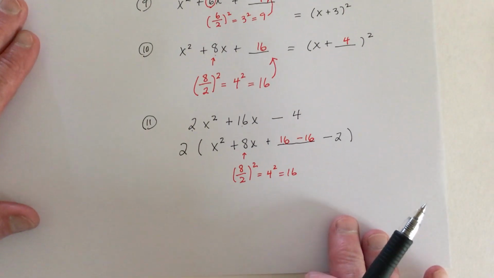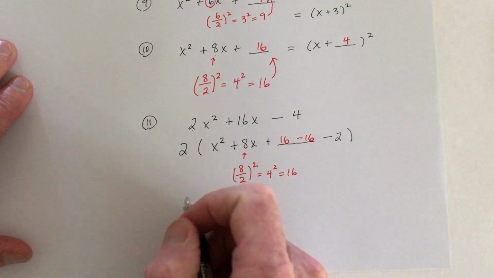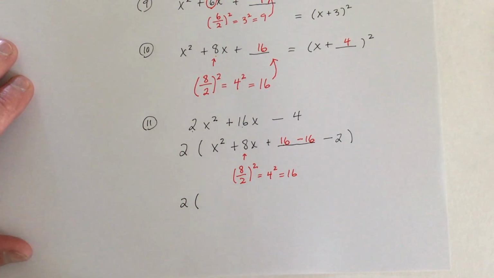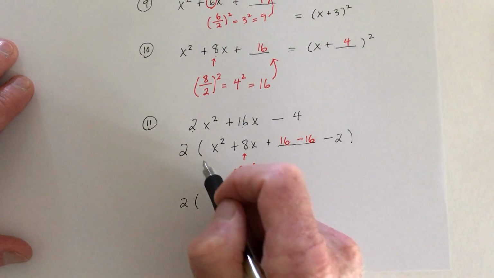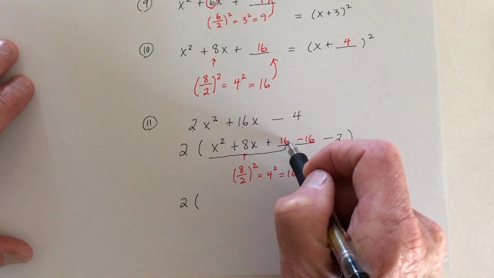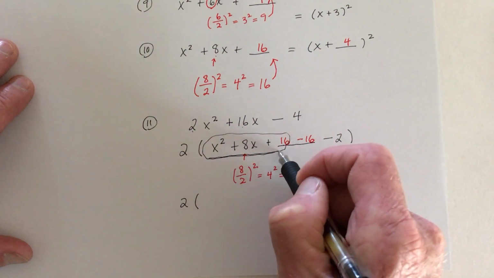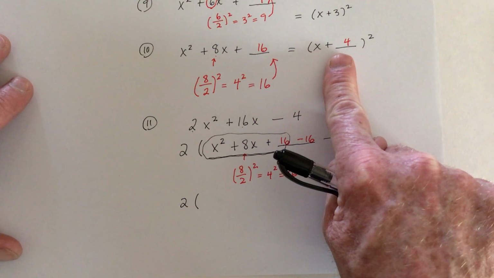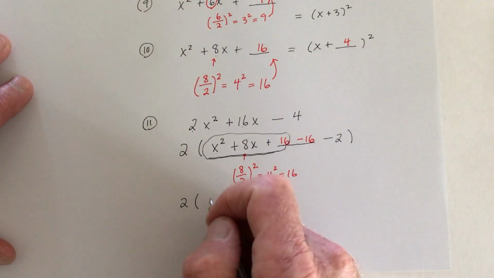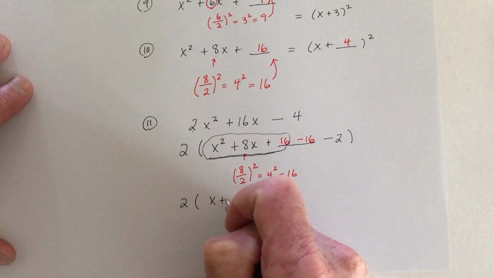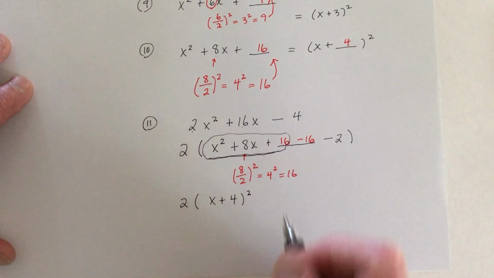Next, we just need to factor. So this 2 is just going to stay on the outside for the rest of the problem. And then it's these 3 that can be factored. And so that basically turns into this. So that's going to turn into x plus 4 is squared.